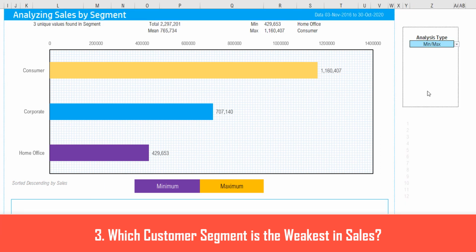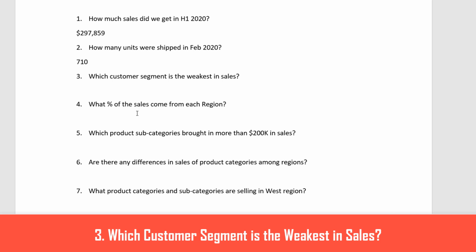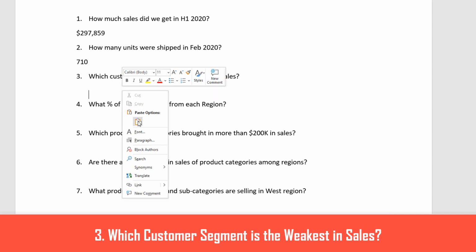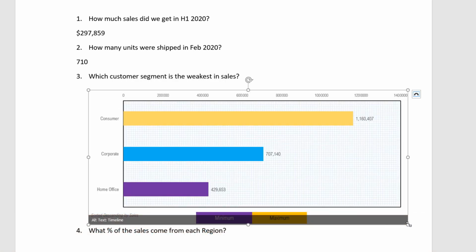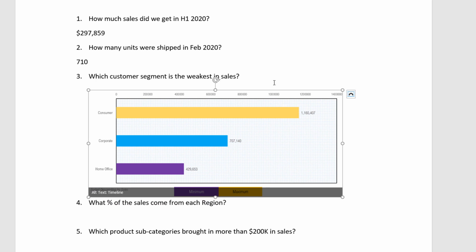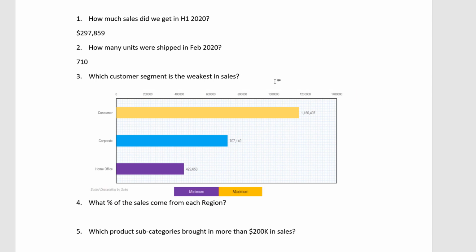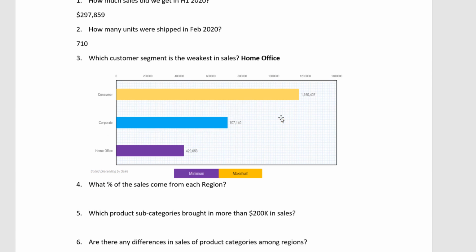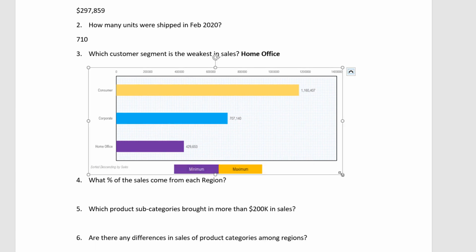Great, I've done that. Now I'm going back to our Word document and I can paste it as an image. And there we have the answer to this question, which is home office, right? So that's the answer. And now we have data to support that.